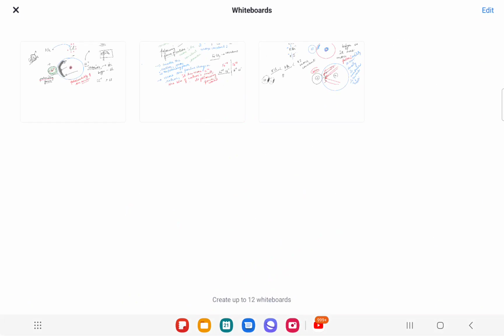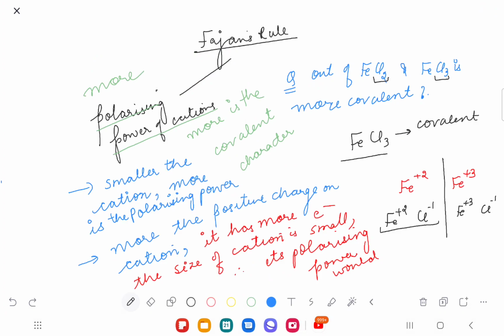So what is new for today's class is Fajan's rule, but it is still half of the ionic bond. In the first class that we did for the ionic bonds, we learned up till now that there is a cation and there is an anion. Cation is formed by metal. Metal loses electrons, non-metals gain. Non-metals form anions.